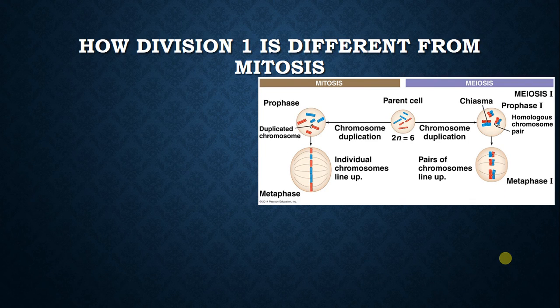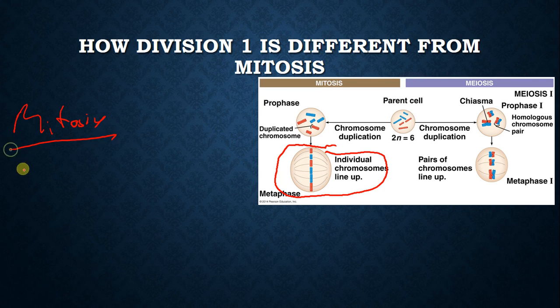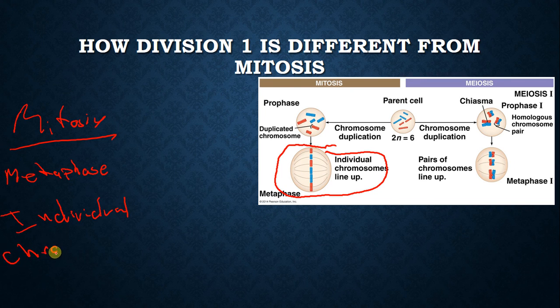So how is division 1 different from mitosis? Well, like I said, in mitosis, the individual chromosomes line up. Mitosis, big difference. Metaphase, individual chromosomes line up in the middle.